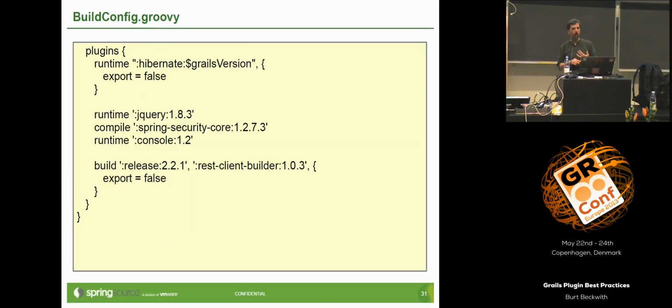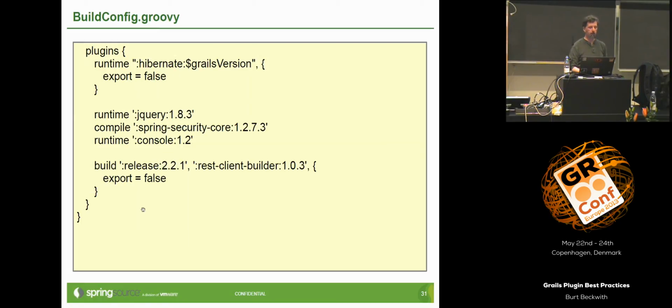We no longer edit application.properties, and that's completely gone. So get in the habit of not using install-plugin. Put your dependencies inside of the BuildConfig. Exclude them from being shared into the containing application with export equals false. If you need hibernate locally for testing, but it's not a dependency at runtime, then don't export it.